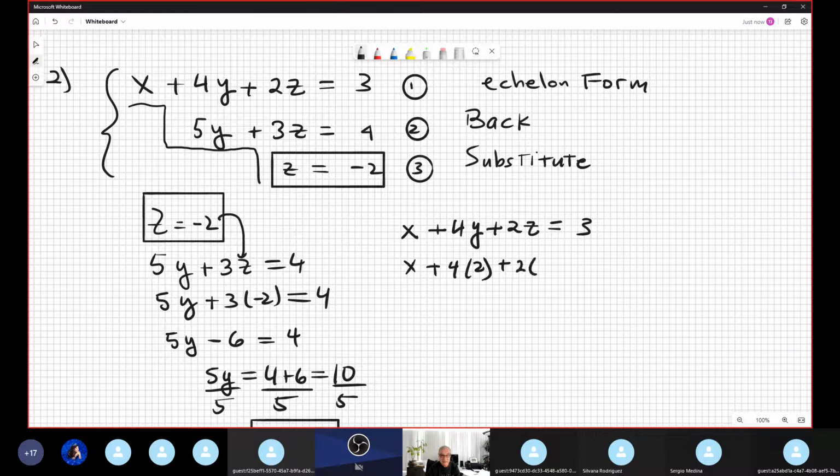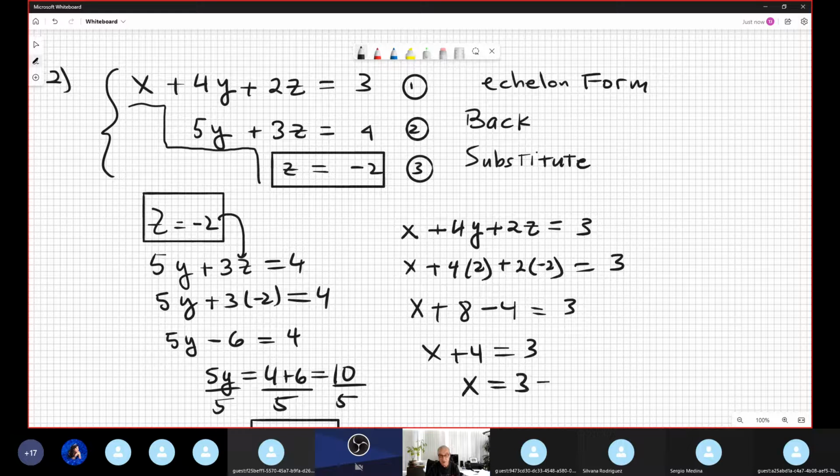And z is negative 2. Be careful with the sign. So we have 8 minus 4, no? 2 times 2. This is x plus 4 equals 3. X is equal to 3 minus 4, negative 1.